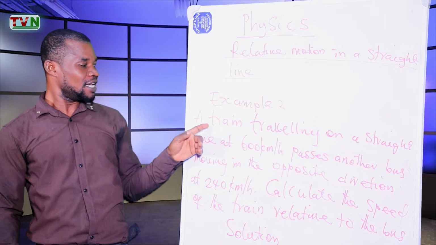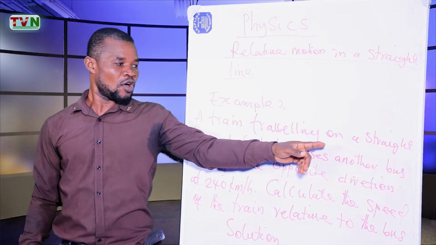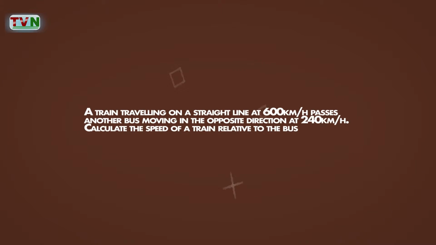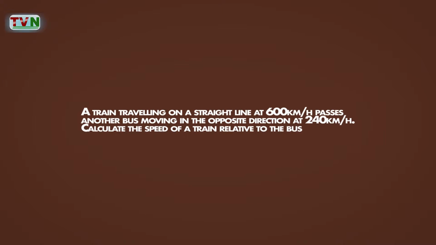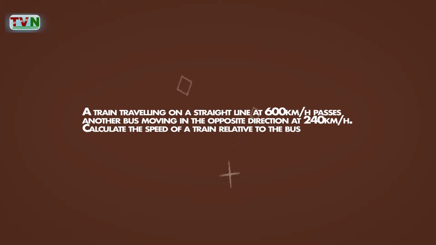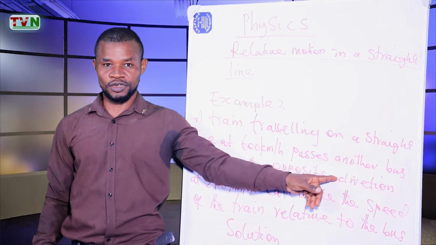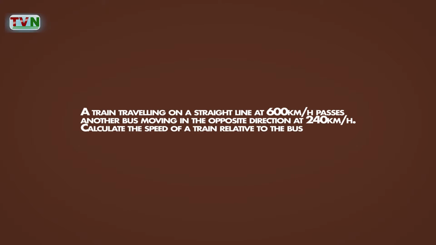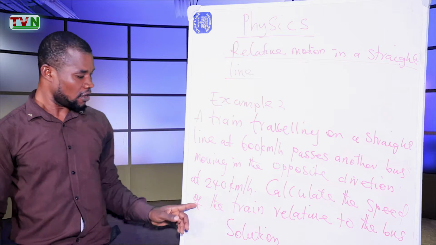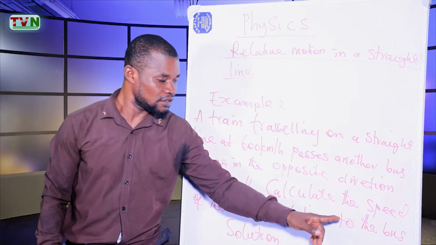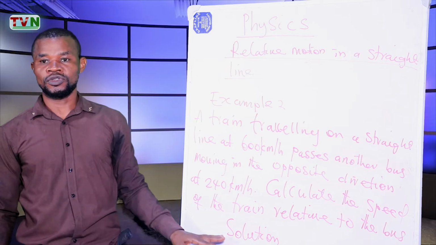Example 2. A train traveling on a straight line at 60 km per hour passes another bus moving in the opposite direction at 240 km per hour. Calculate the speed of the train relative to the bus. Solution.